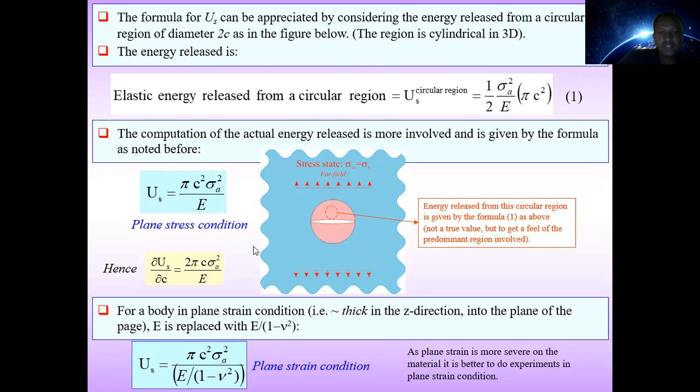This is in plane stress condition. Hence, dUs over dc is equal to 2πcσA²/E. So here, energy release from the circular region is given by the formula as above. So that is taken for this region.